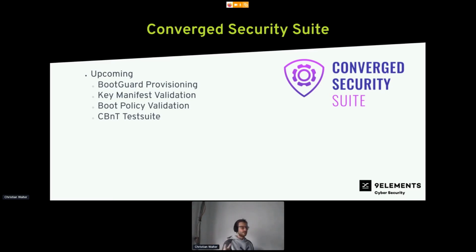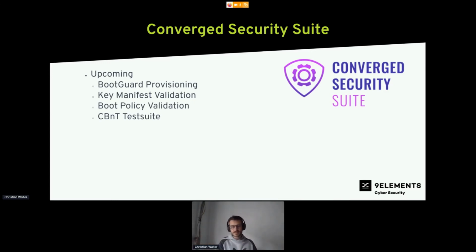The thing that we try to solve here with the Converged Security Suite is that everything, as I said initially, that we had before was closed source, and that is actually not a good thing, right? If you're running big infrastructure or just some server, and security matters, you're processing private data, you need to know how your platform has been set up.